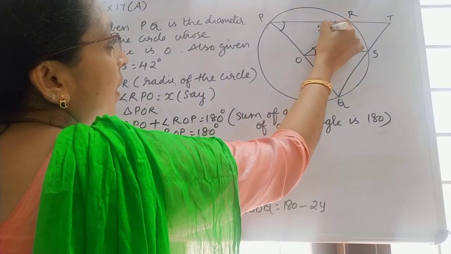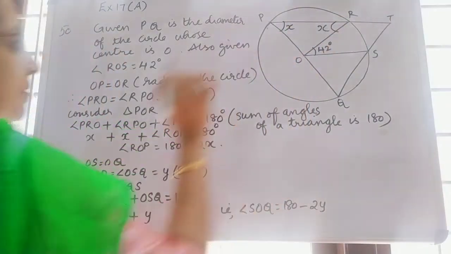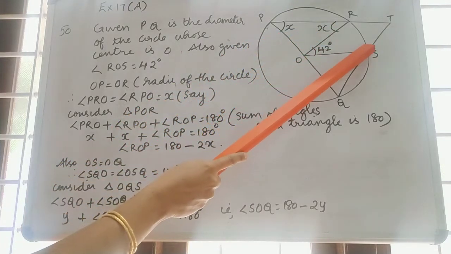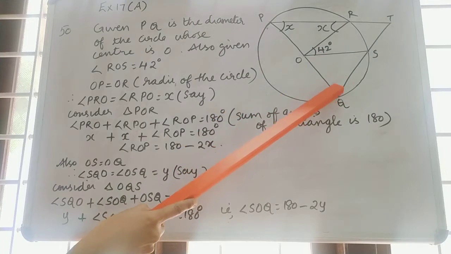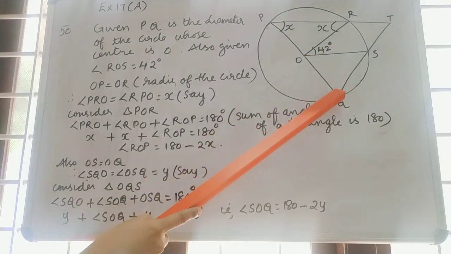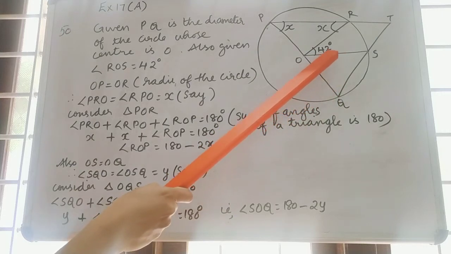Let it be x. We are marking it as x degrees. Similarly, we want to consider another one. OS is equal to OQ. Since OS is equal to OQ, the opposite angles will be equal.